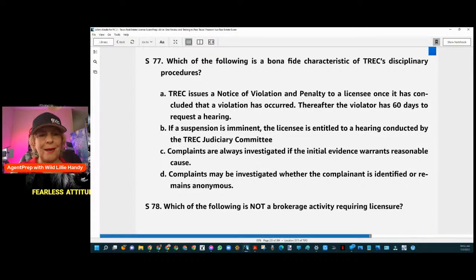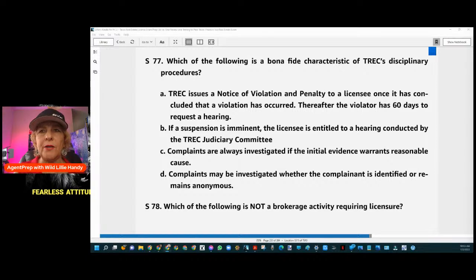Well, it can't be anonymous, okay? There has to be proof. And there are certain steps that TREC takes. So the answer here is C, okay? Complaints are always investigated if the initial evidence warrants reasonable cause.